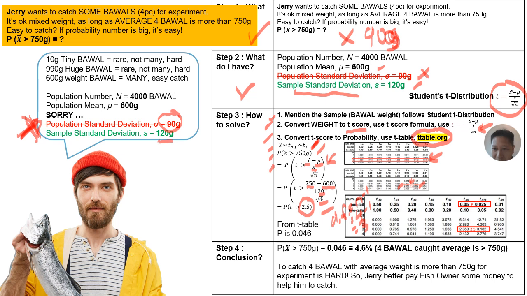The P will be between 0.05 and 0.025. This means we will calculate to find the P, and our P will be between 0.05 and 0.025.